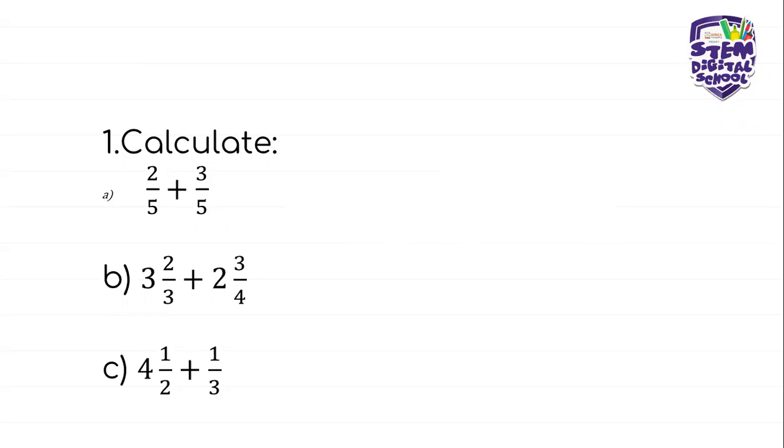Let me give you a hint. Make sure that you convert your mixed numbers into those improper fractions. Then it will be easier for you to add the two. I think that's a method that I encourage. But alternatively, you can still add your whole numbers and thereafter add the fractions. That is also allowed.